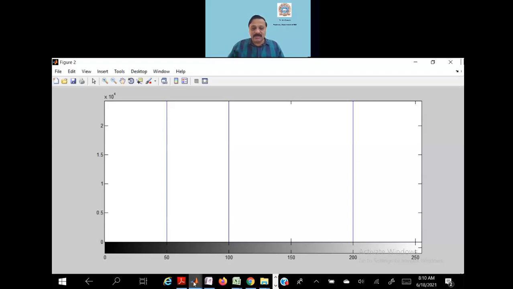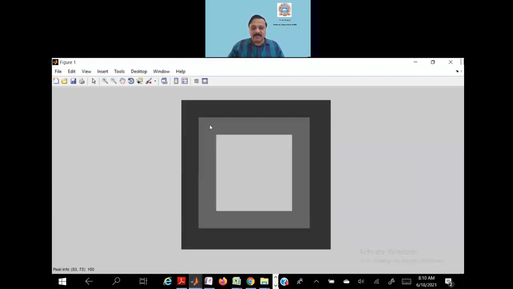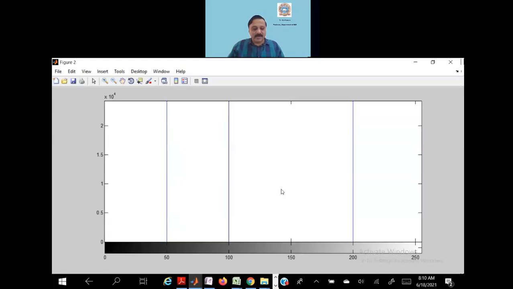The reason is that in this image you have only three gray levels. So when I plot it as a one-dimensional plot, that is the histogram, I will have only three spikes like this. Okay, is this clear? Any doubt? I thought somebody would answer this question, but maybe you have not thought of it. Is this clear?